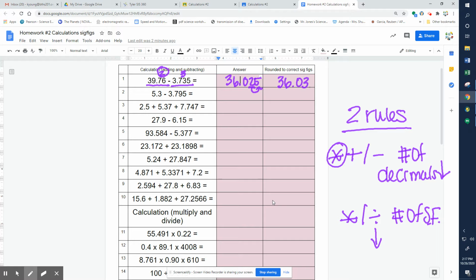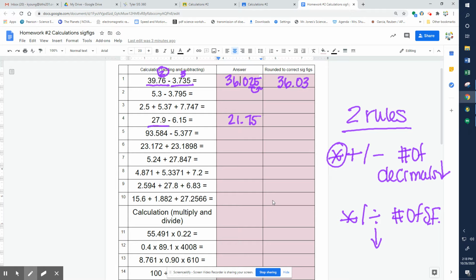Just going to do about 3 more on addition and subtraction. That way we understand. Number 4, for example, is 27.9 minus 6.15. When we do that, our calculator gives us 21.75. We're going to look at the number of decimal places.